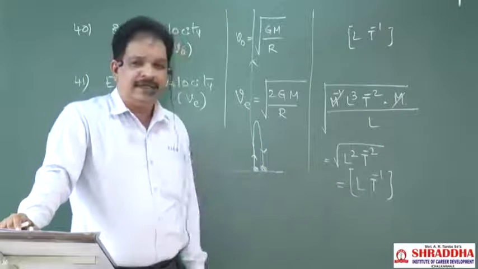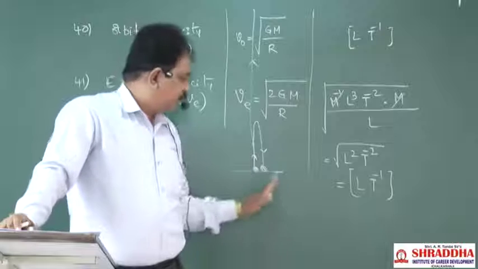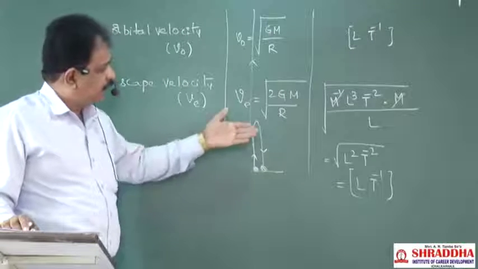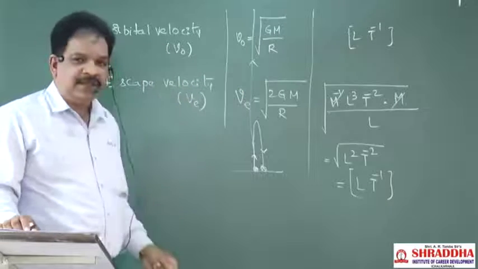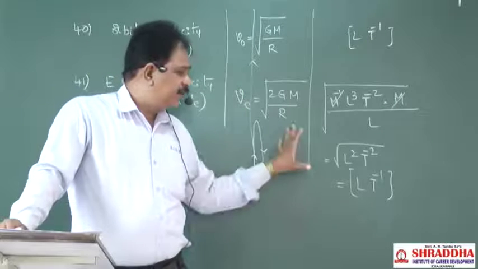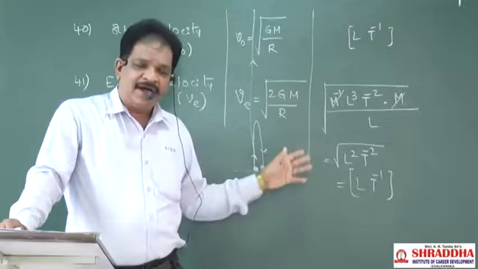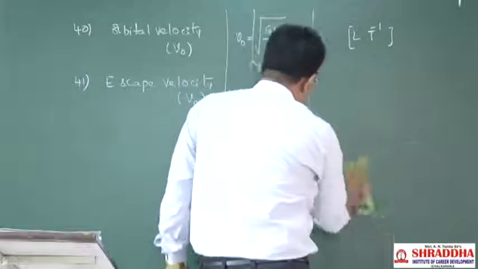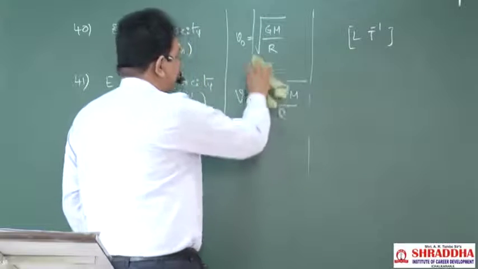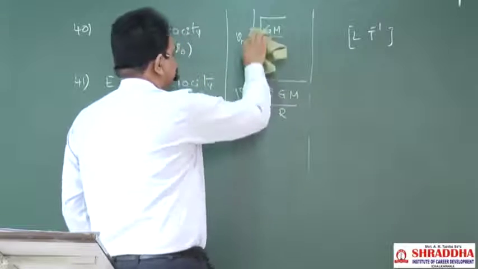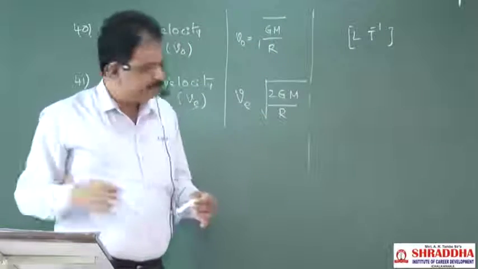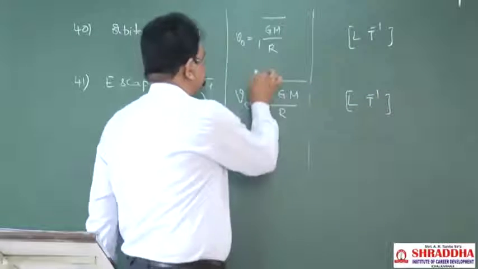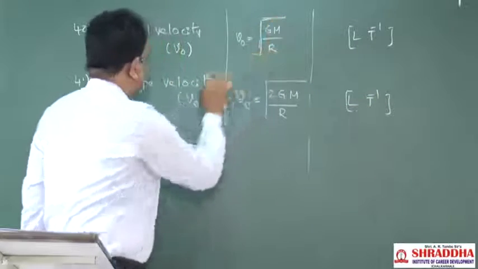Velocity will be L T power minus 1. Okay, so this is the formula for escape velocity. Clear? Same dimensional formula: orbital velocity and escape velocity are both velocities, all having the same dimensional formula, L T power minus 1. Clear?